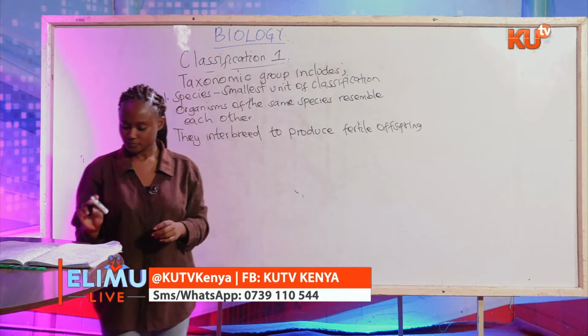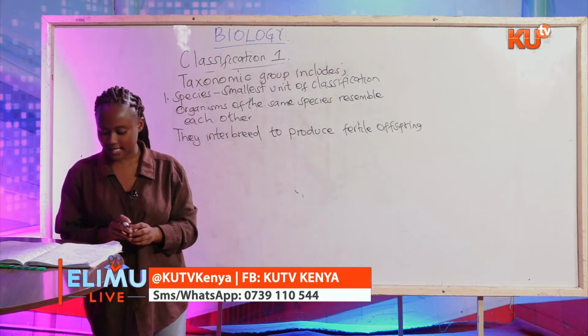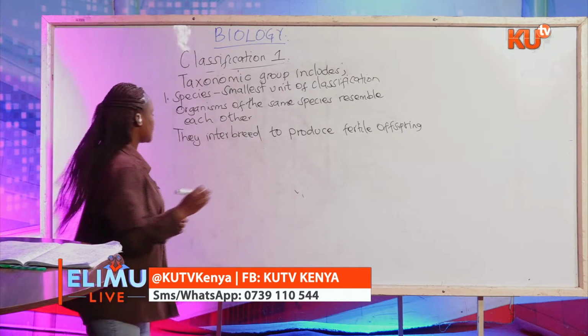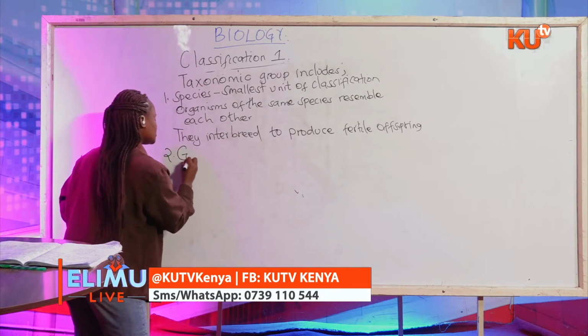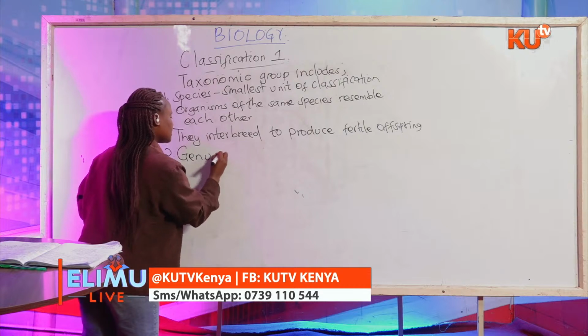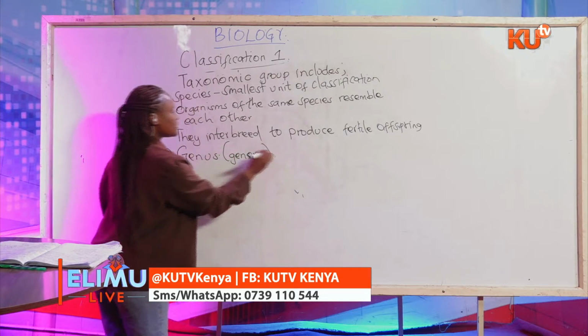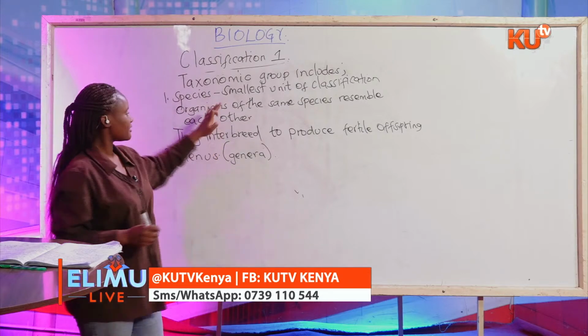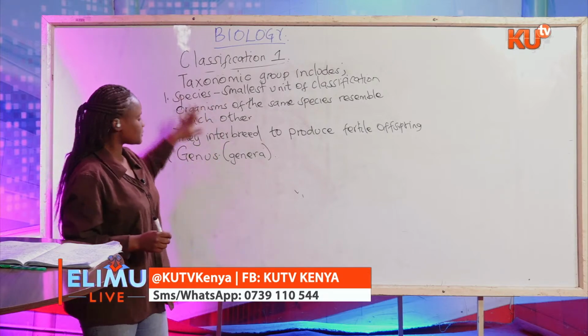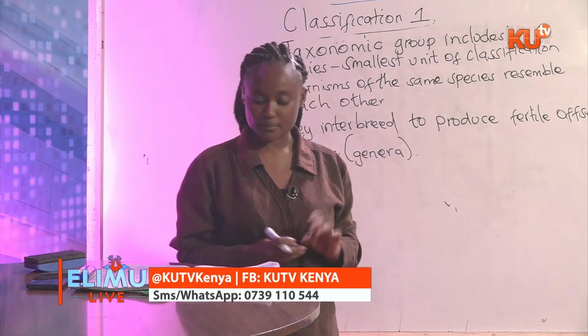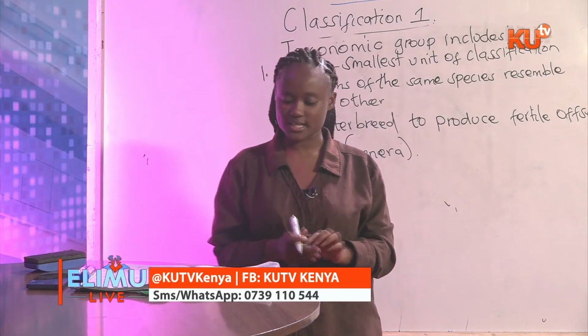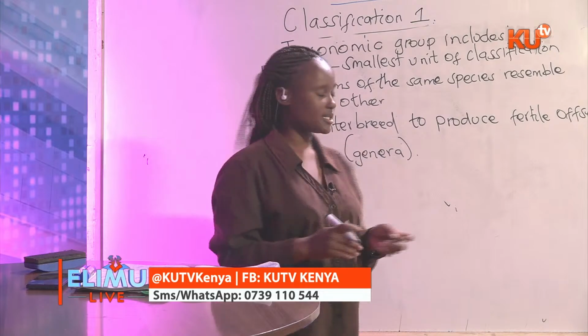Now, we have the second one, the second unit, which is genus or genera. This is the unit after species, and is made up of a number of species that share several characteristics.